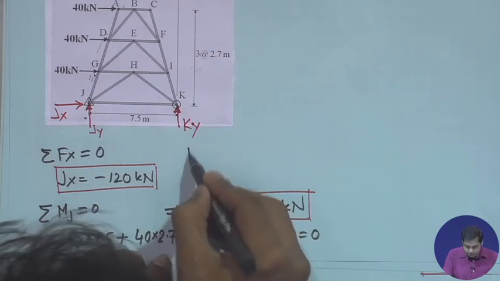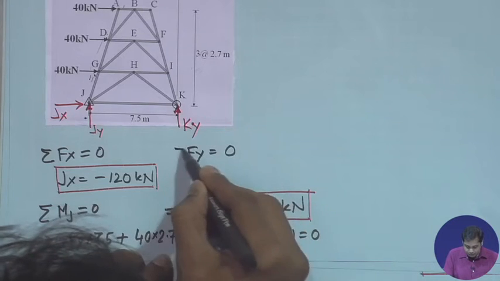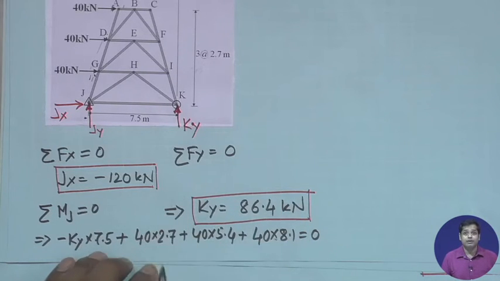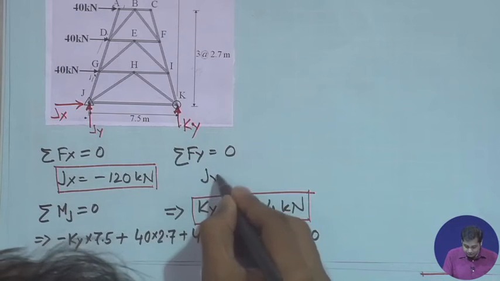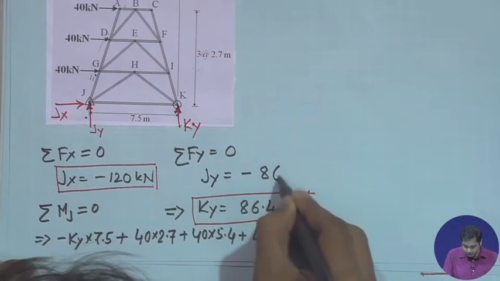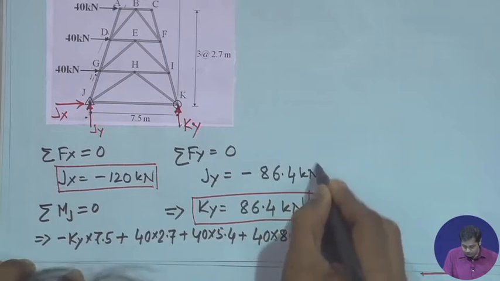Then summation of Fy is equal to 0. Only vertical forces are these, and this gives you Jy is equal to 86.4 kilonewton.